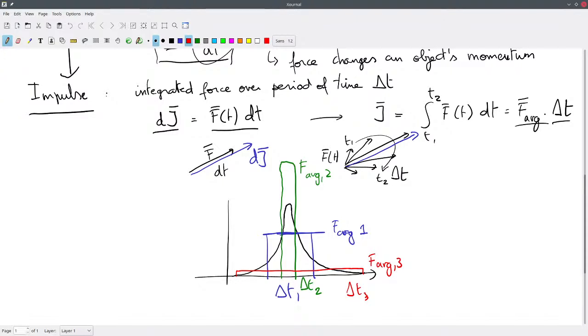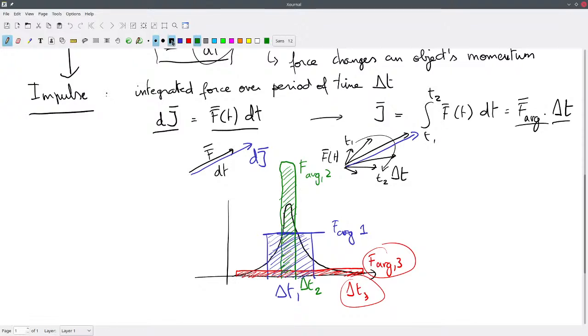The important part is that the product of delta t and F average, or in other words, the surface area under this curve, is the same as the product of this blue average force and delta t. It's the same as the product of the green average force and delta t.